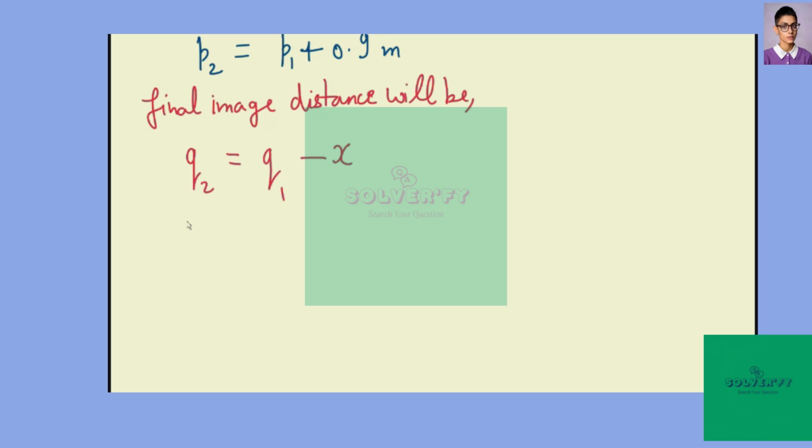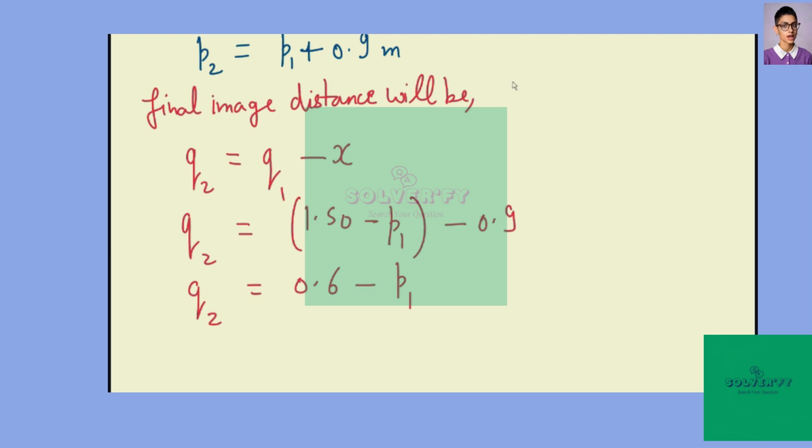Now we can write this as Q2 equals 1.50 minus P1 minus 0.9. So we get Q2 equals 0.6 minus P1.